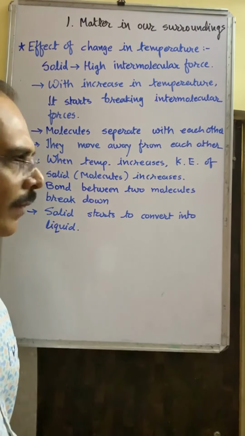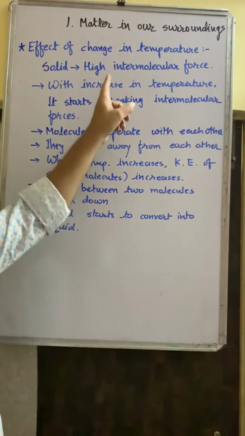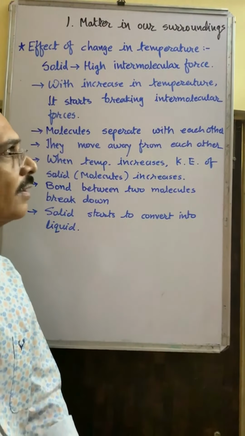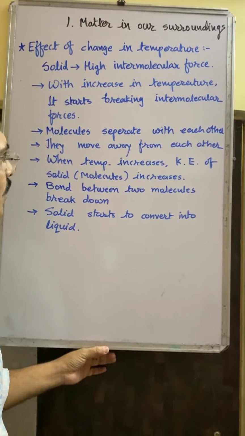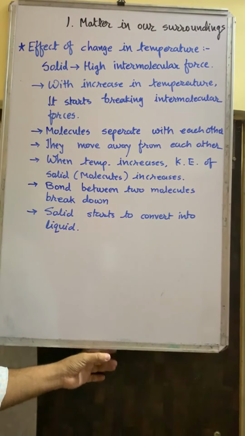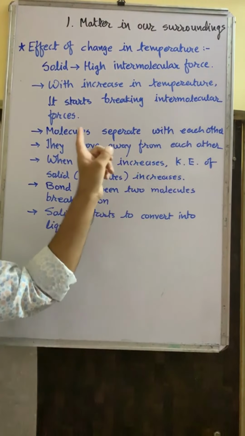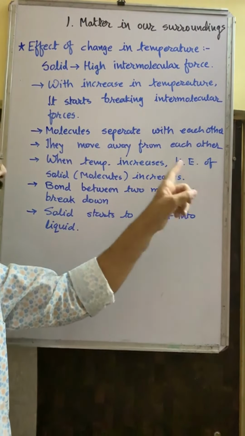Is it okay? So solid having high intermolecular forces, with increase in temperature it starts breaking the forces. When forces break, then molecules separate with each other, they move away from each other.